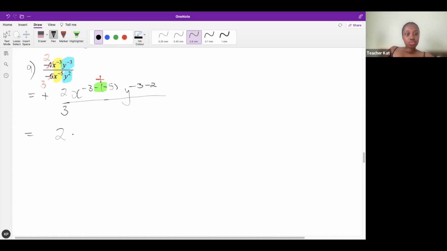Equals. So I'm going to have 2 times x to the power, what's negative 3 plus 5? Negative 3 plus 5 is 2. And we have a y to the power of negative 3 minus 2.